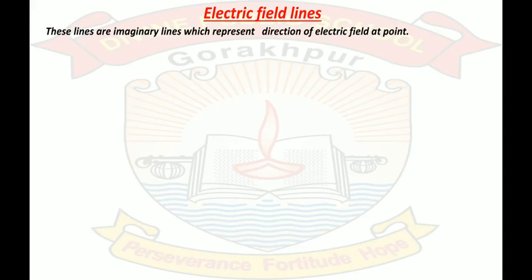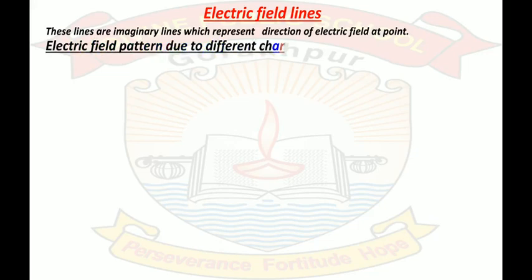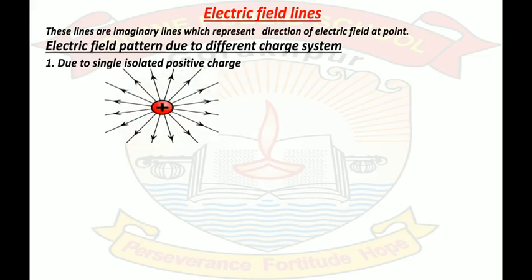Now due to different charge systems, electric field configurations are different. Let us see them one by one. First we are going to take a single isolated positive charge. The electric field pattern is going to be in this manner. It is radially outward. All the field lines are radially outward from a point charge which is positive.